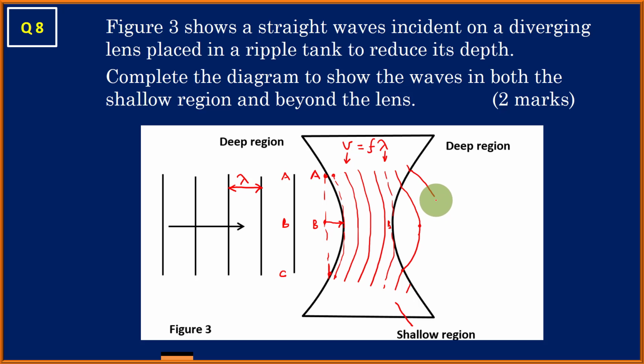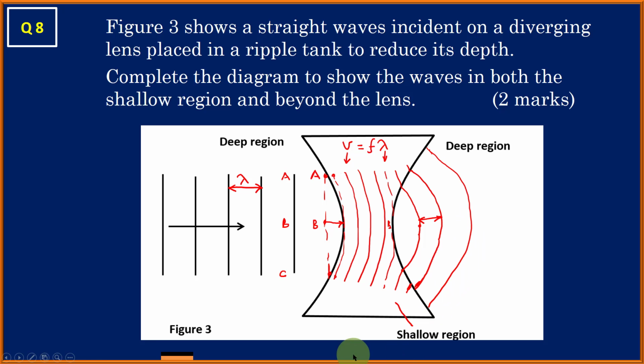We are going to have the waves, they would have recovered their original wavelength. Of course this point is supposed to have met somewhere around there. The original wavelength of the waves has been recovered. And now you can continue by drawing the other wavefronts.